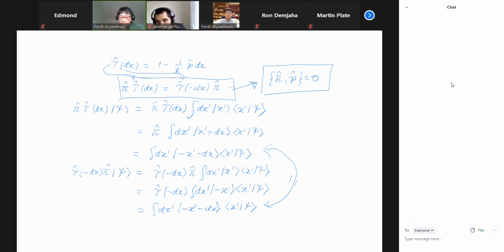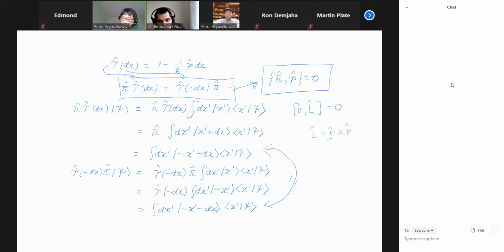So okay, let's continue with angular momentum. For the angular momentum, it actually commutes. We can see this from the fact that angular momentum is r cross p.